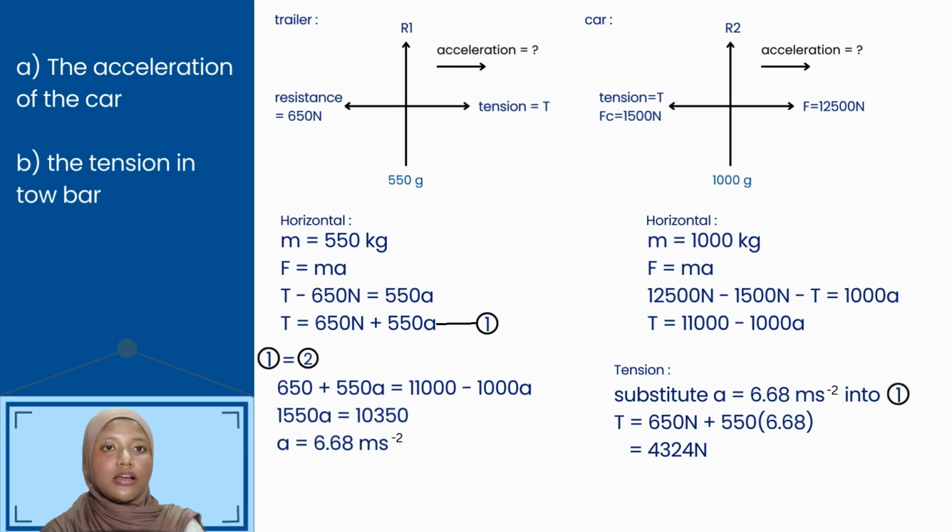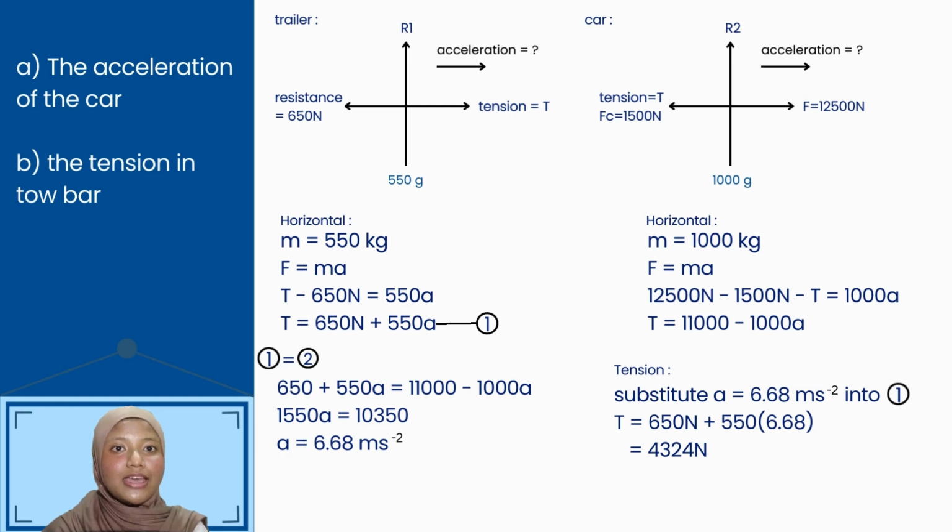And next, for the car, which is the horizontal part also, we will use F equals ma. There are engine force, resistance force, and tension, equal to 1000A: 12,500 Newton minus 1,500 Newton minus tension equals 1000A, so we will get tension equals 11,000 minus 1000A, and we will label it as 2. 1 equals 2.